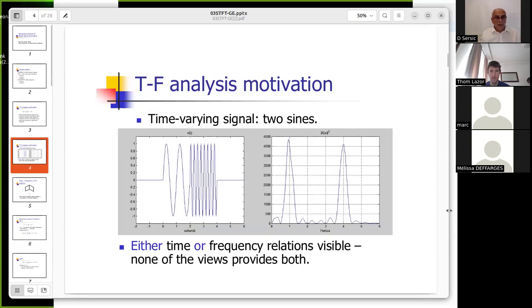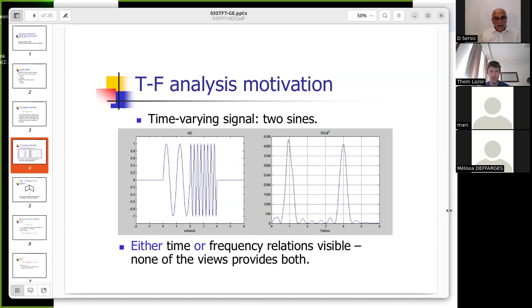This is one possible example. We have a signal which consists of two sines. The first one is of 1 Hertz, and the second one is of 4 Hertz frequency. If we look at the time domain, we can see when the sinusoids start and when they end.